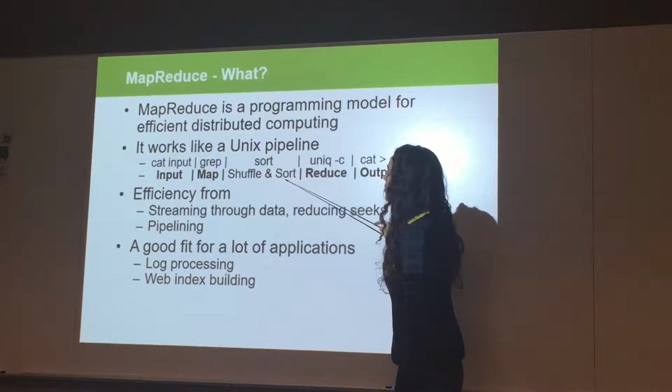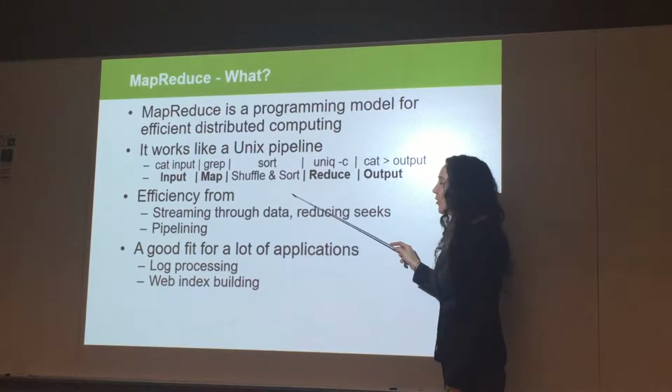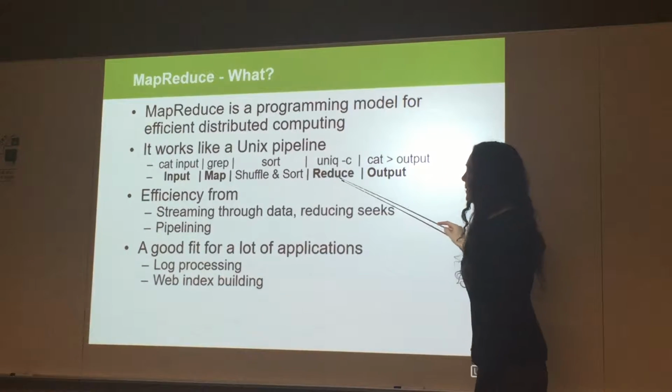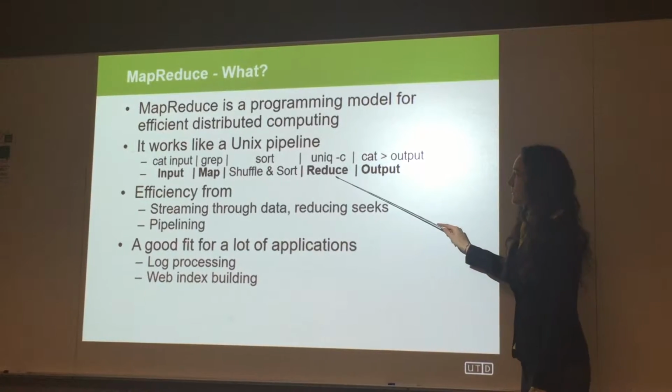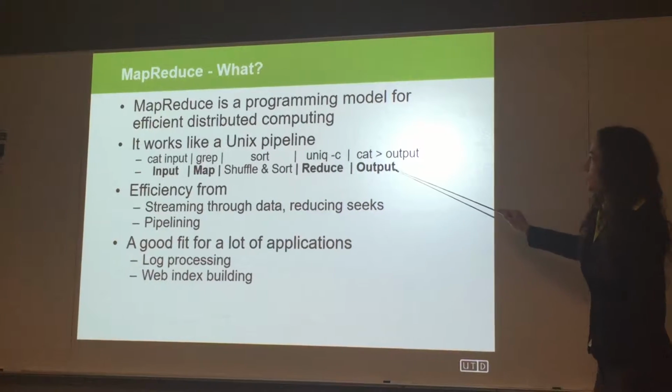Then it can maybe sort the number of times that it found it, or shuffle it, and the output will be given to the reducers. Maybe reducers can count the number of times that this word was found and show the output.